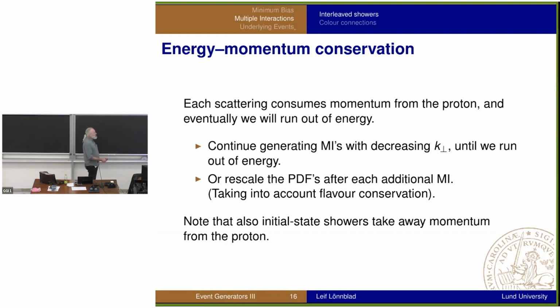One could have it just emit until you run out of momentum. Or you can rescale the PDFs after each multiple interaction. And that's actually quite tricky because you have to take into account flavor conservation or stuff like that. And then you realize that also initial state showers take momentum from the proton.